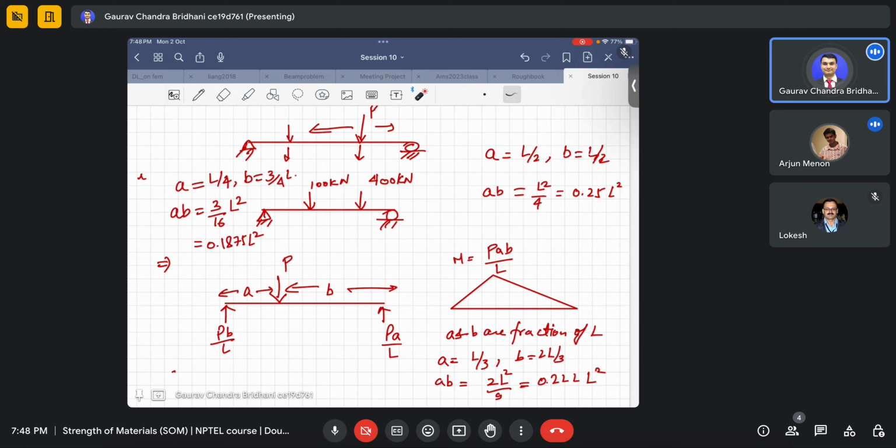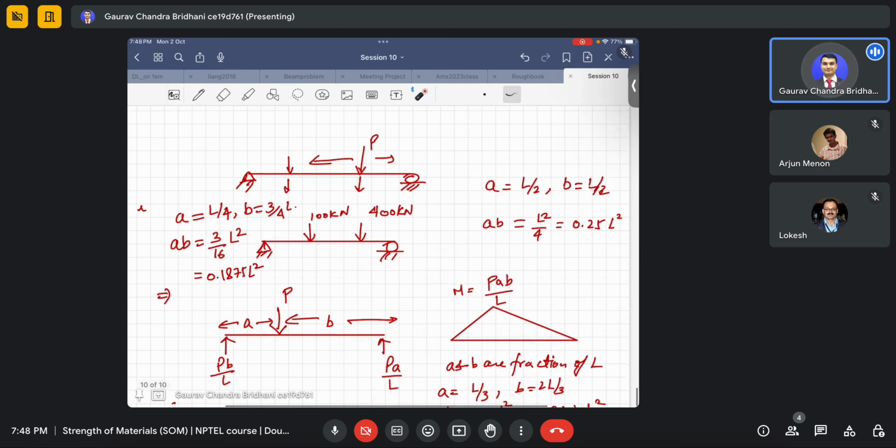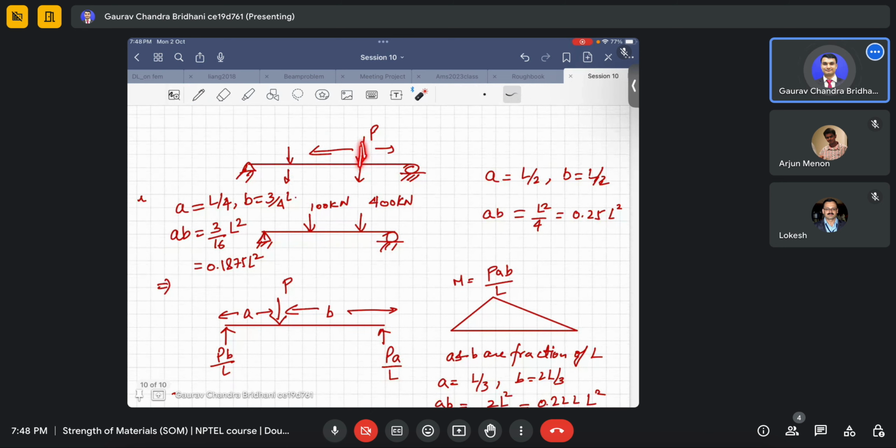That means if your single point load is away from the center of the beam, the lengthwise center of the beam, the deflection will obviously be maximum at this point only. But what if I would have put my load at the center of the beam?